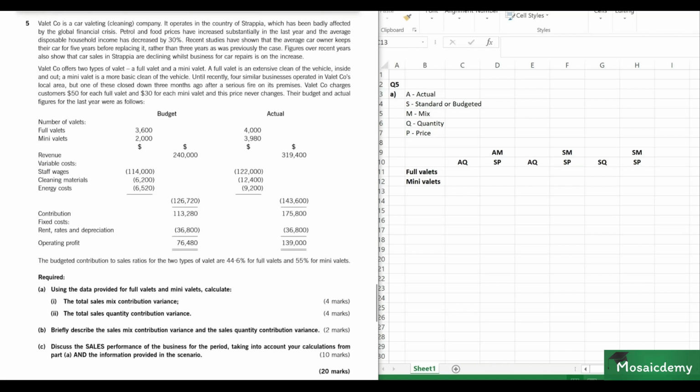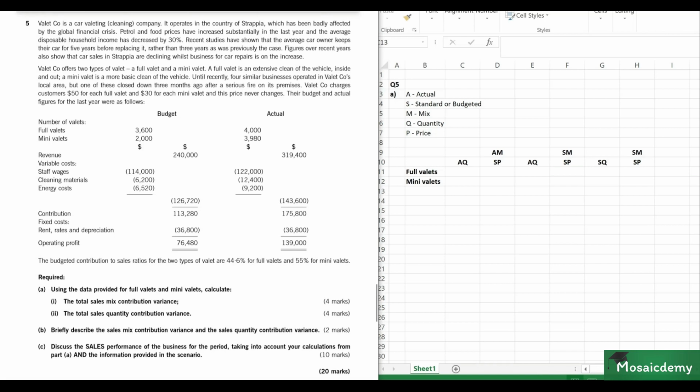Petrol and food prices have increased substantially. In the last year, average disposable household income has decreased by 30%. Studies have shown the average car owner keeps the car for 5 years rather than 3 years, as previously was the case. Figures over recent years have shown that car sales in Australia are declining while business for car repairs is on the increase. Okay, so this will probably be for the analysis later.